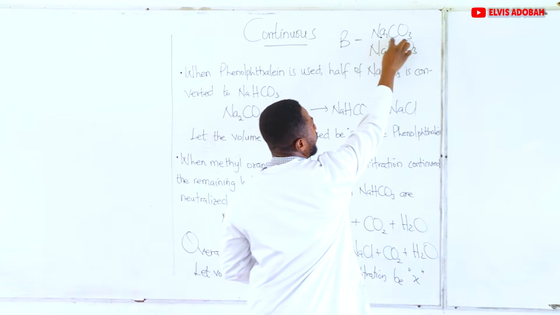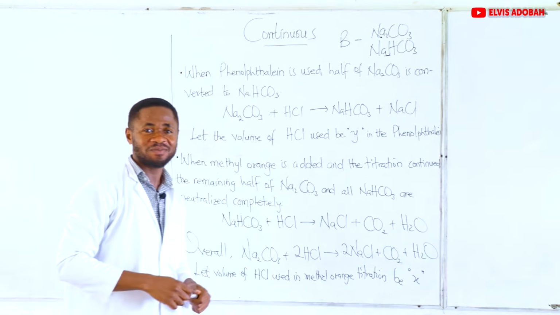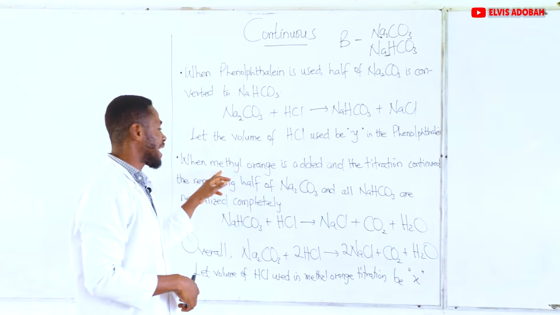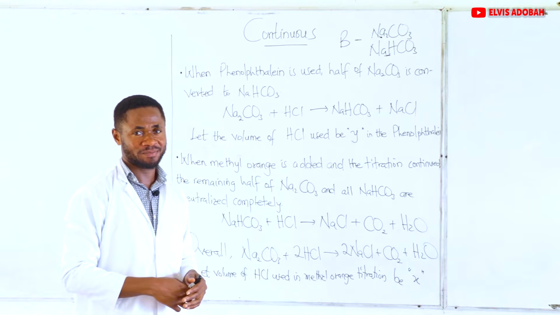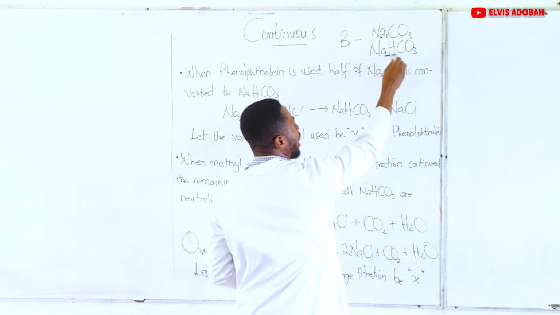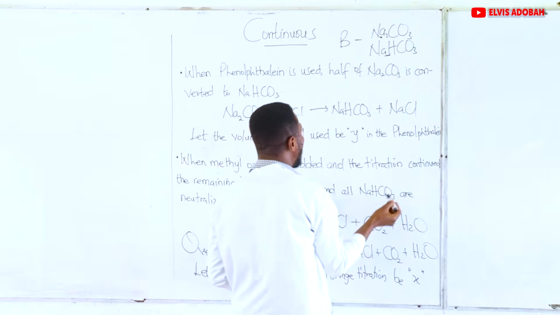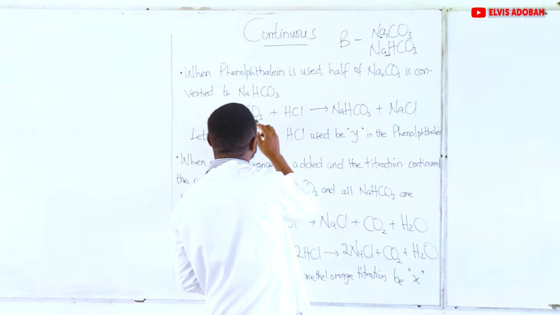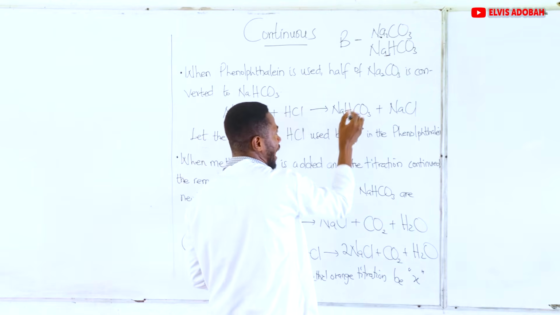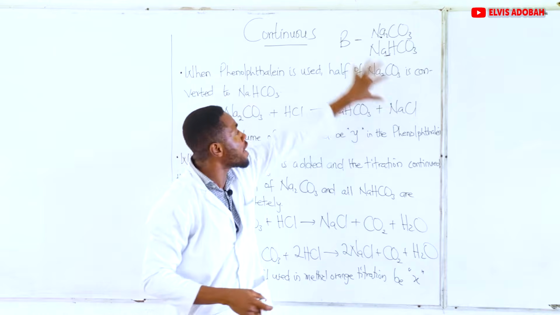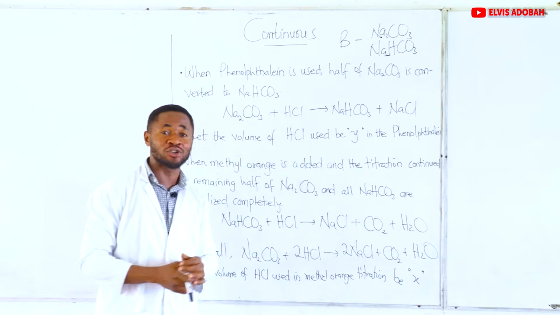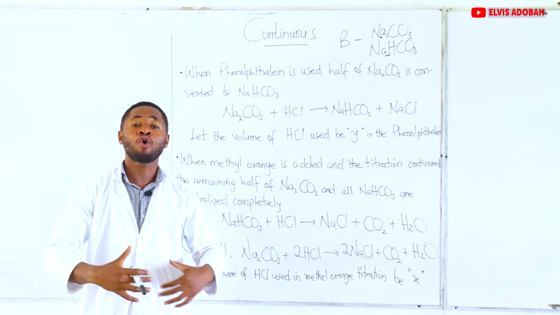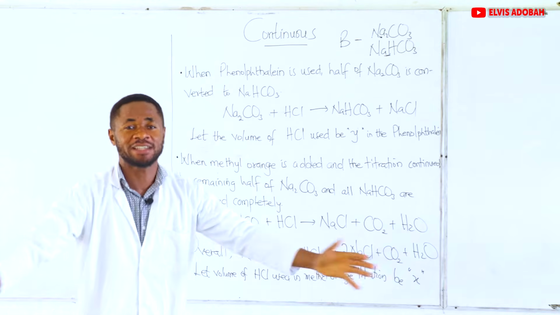The remaining half of the sodium carbonate, methyl orange will make sure it is completely neutralized. Now, we have sodium bicarbonate there. Phenolphthalein converted half of the sodium carbonate to sodium bicarbonate. All the sodium bicarbonate there too, methyl orange will make sure they are also completely neutralized.